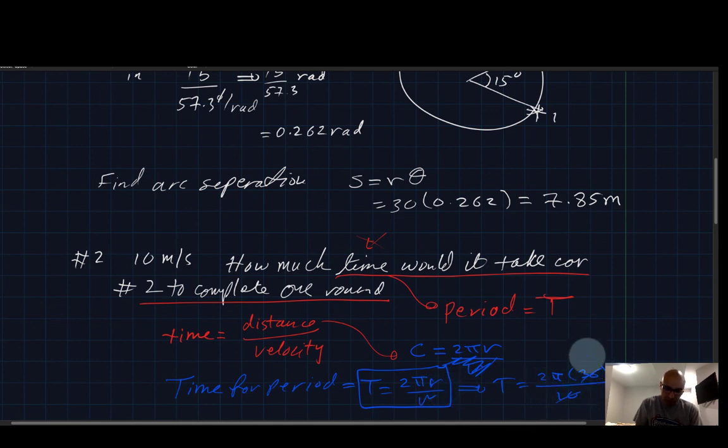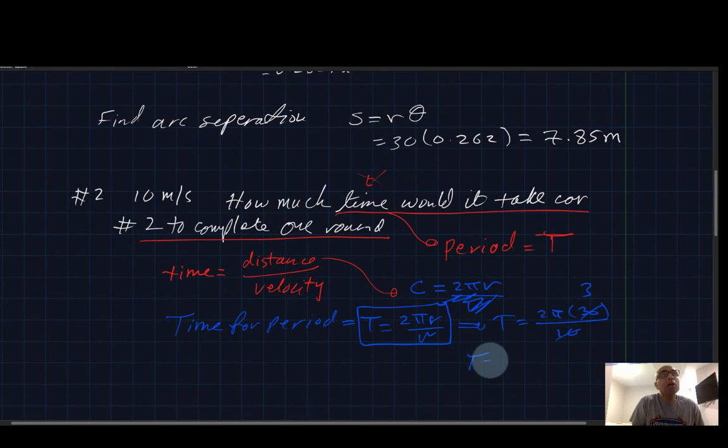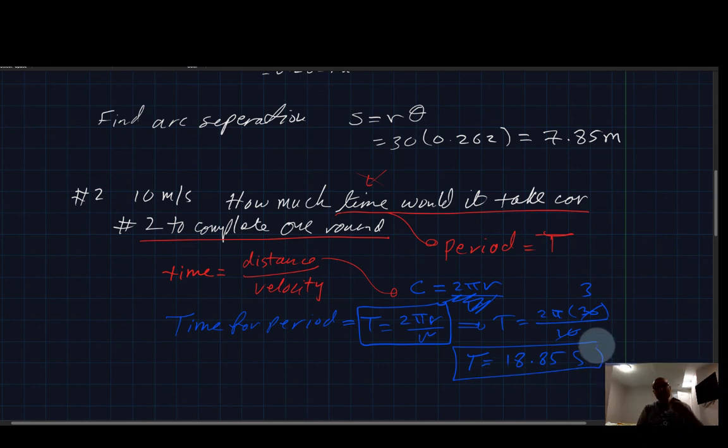Now 10 with 30, what remains is 3, so 6 pi. And the period now can be calculated to be equal to 18.85 seconds. So that's the period, or the time it takes the car to complete one full circle.